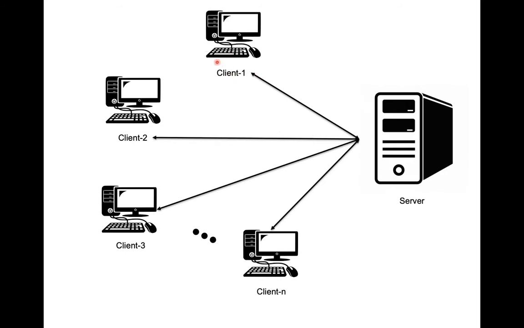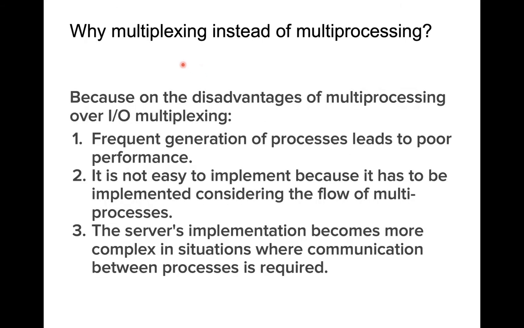This means a separate pipe for the flow from the client to the server, and a separate pipe from the server to the client. Those things are very complicated and also computationally a bit expensive. And finally, the server implementation becomes more complex in situations where communication between the processes is required.